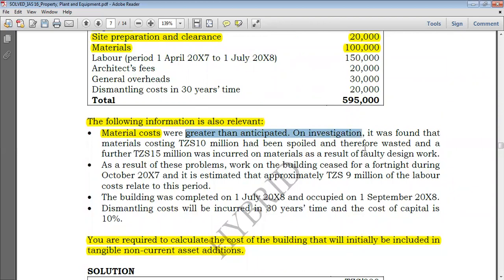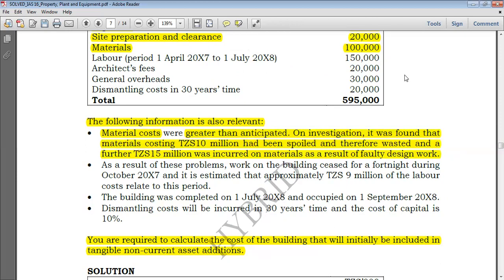We proceed reading. On investigation, it was found that materials costing 10 million TZS had been spoiled and therefore wasted, and a further 15 million was incurred on materials as a result of faulty design work. You immediately recognize that these costs should not be capitalized because they do not form part of your asset.